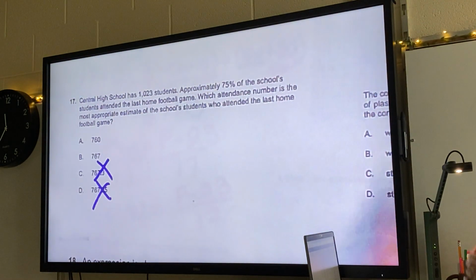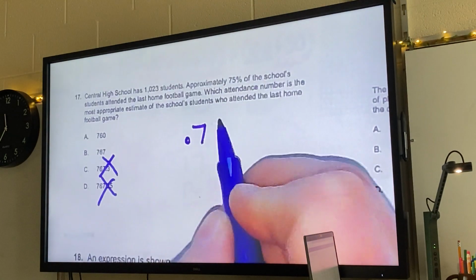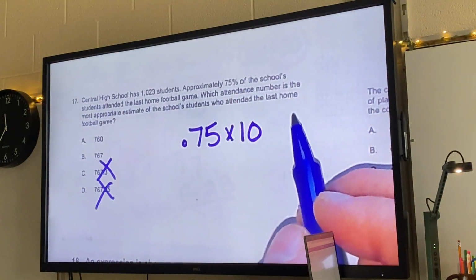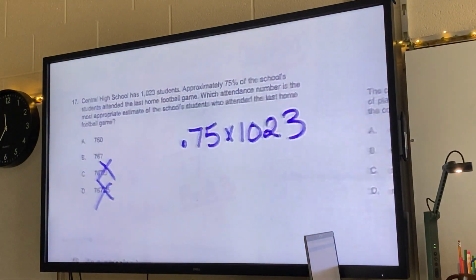So what is 75% of 1,023? How do you do 75% of 1,023? What operation will we do? Multiply. So I know we're not estimating when we do this, but if we do 0.75 times 1,023 or 1,020, I'm going to do 1,023 because that's just how I roll.